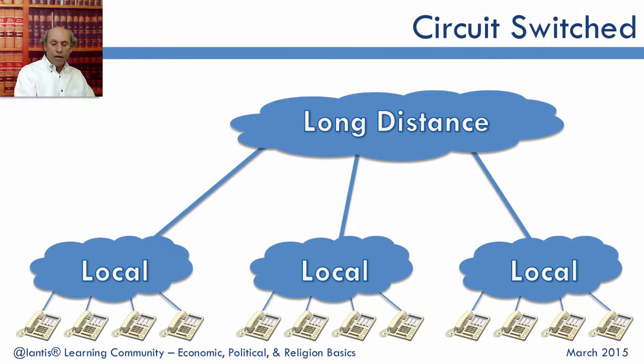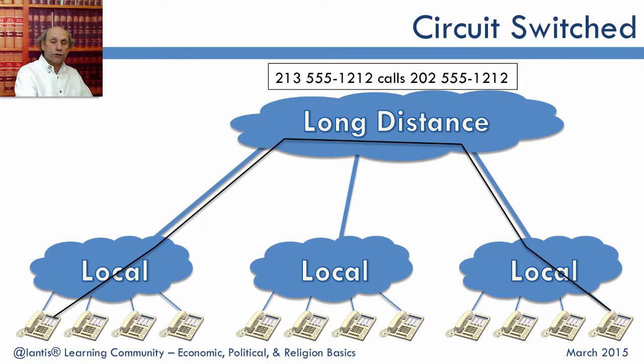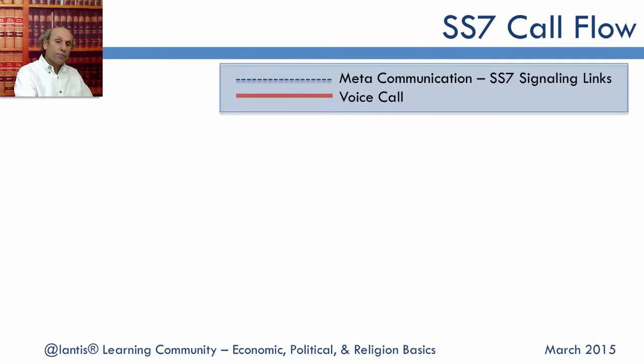So let me just remind you, as I went through in my telecommunications class, circuit switched. If I'm calling from Los Angeles to Washington, I create a connection, there's a circuit switched, and once that's connected, it's connected, and you're using those facilities. Then along came SS7, and we developed this new thing called meta-communication. This is important because this is the new concept I'm providing to Hayek.